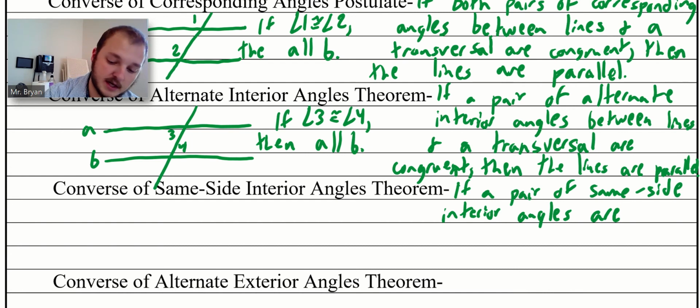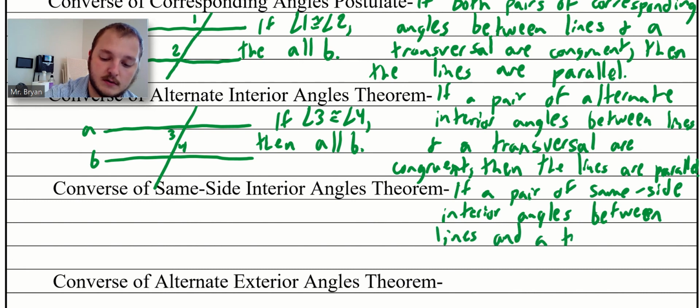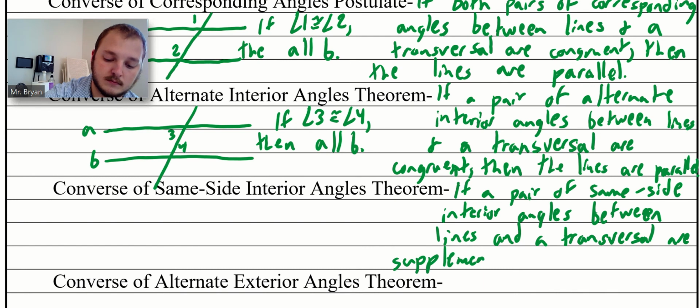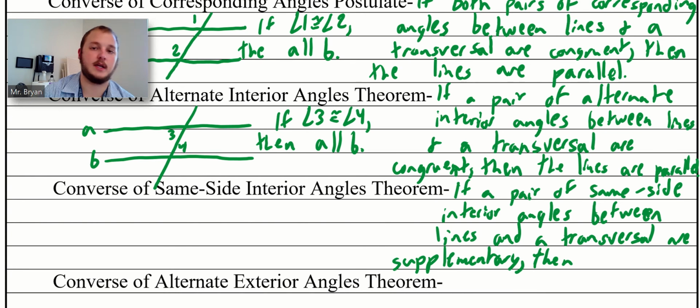So we'll say if the same side interior angles, and I guess I need to add this piece, we need to make sure we are describing the full situation, so between lines and a transversal, are, like we said, supplementary. Then same ending as always. Then the lines are going to be parallel. So I'll say then the lines are parallel.